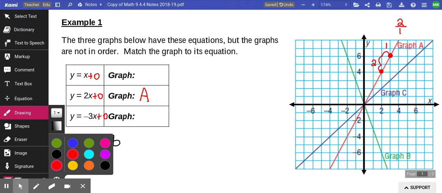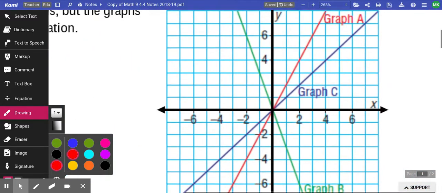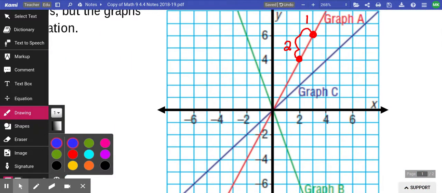The next thing I would do is I would look at graph C, so the blue one, and I'm going to see if I can calculate the slope of it. To calculate the slope of a graph, you find 2 perfect points. There's a lot of perfect points on graph C. So I'm just going to pick this one right here and this one right here. You can use any 2 points and it'll still work.